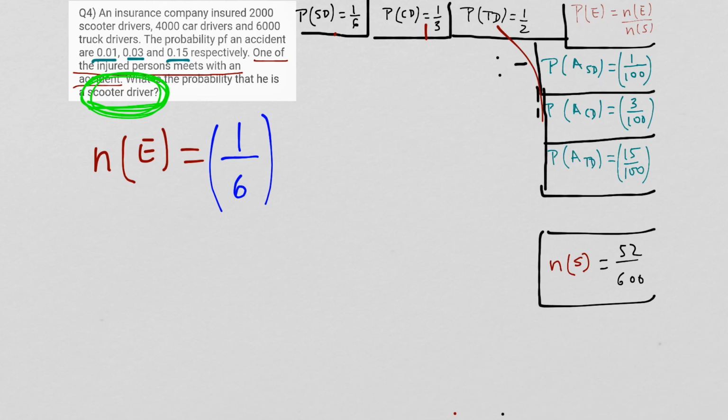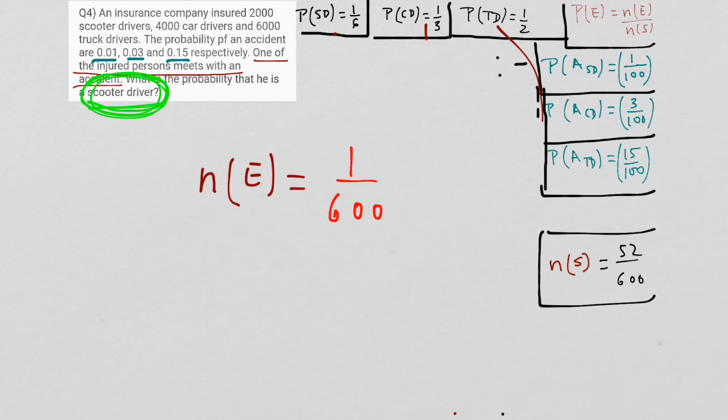And the probability of a scooter driver meeting with an accident is 1 by 100, which translates to 1 upon 600. So even NE is sorted now. NE is 1 upon 600.